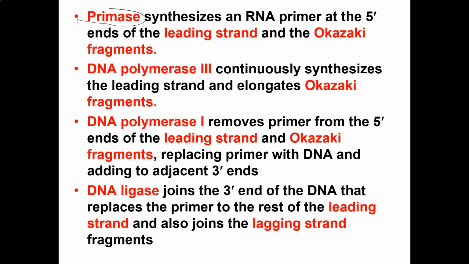Then you need the primase to make the RNA primer, the DNA polymerase 3 to make the Okazaki fragments and to elongate the leading strand, the DNA polymerase 1 to remove the primer, and the ligase to knit them together. So those are the replication proteins.